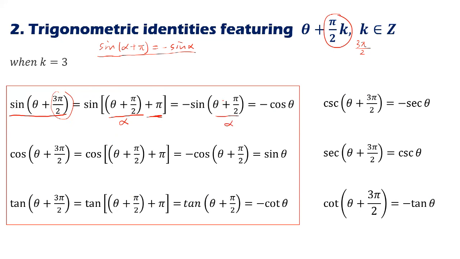And we have also proved that sine of theta plus half pi equals cosine theta.